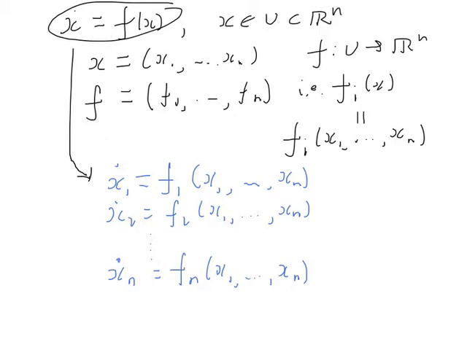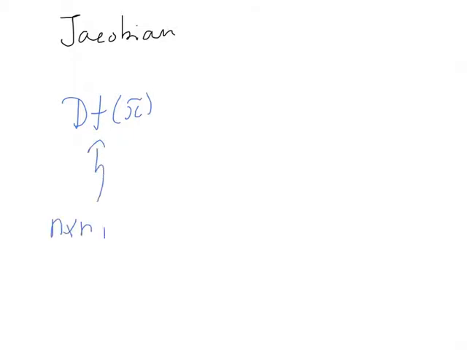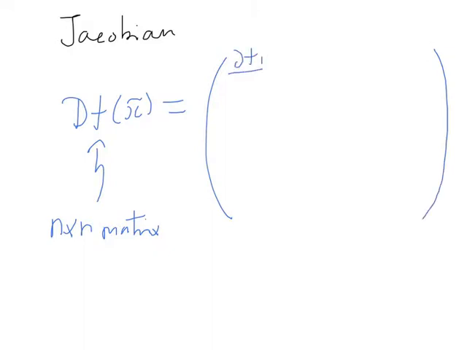All right, so given writing the system out in these equations, then we can explicitly say what df of x tilde is, and that's going to be called the Jacobian. This is the Jacobian. That is df at x tilde, and this is going to be an n by n matrix, and it's basically just given by the partial derivatives of the different components of f with respect to the different variables.